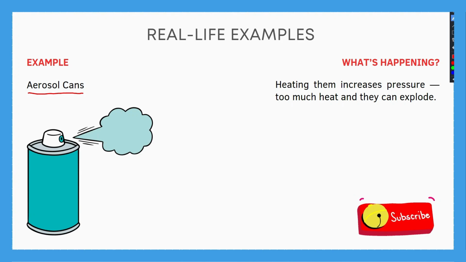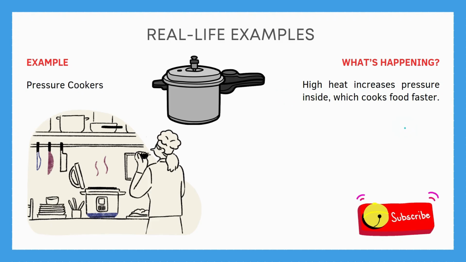Heating cans like your perfume cans, your insecticide cans, and the rest of them too much increases the pressure inside of them, and too much heat can make them explode. That is why when you check the instructions at the back of these aerosol cans, it is explicitly stated that you do not discard them by burning them in fire. It can cause an explosion. Why? Because as temperature increases, so does the pressure inside of them.